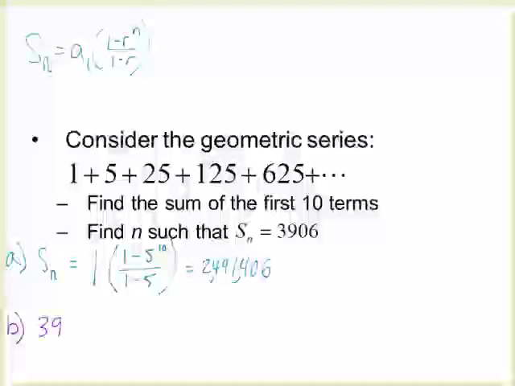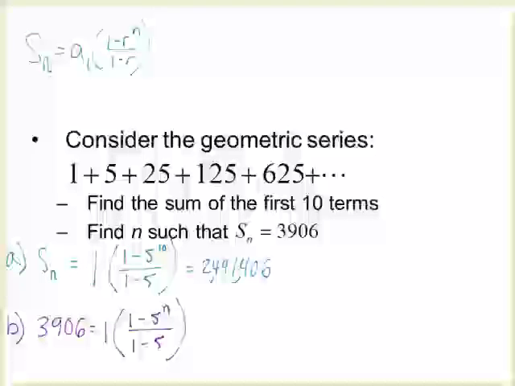So our sum is 3,906. A sub 1 is 1. Minus R is 5. And what we don't know is N. No quadratic equations on this one, so this turns out a lot nicer. Geometrics are easier.